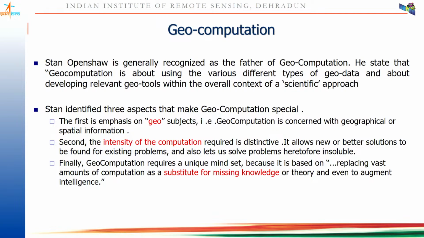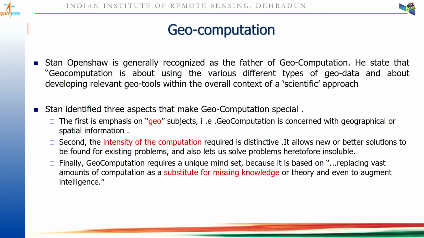Second, the intensity of the computation. What is required to process this data efficiently? It allows new, better solutions to be found for existing problems, and also lets us solve problems that were previously insoluble. Basically, we are trying to solve the problem using advanced computation techniques.